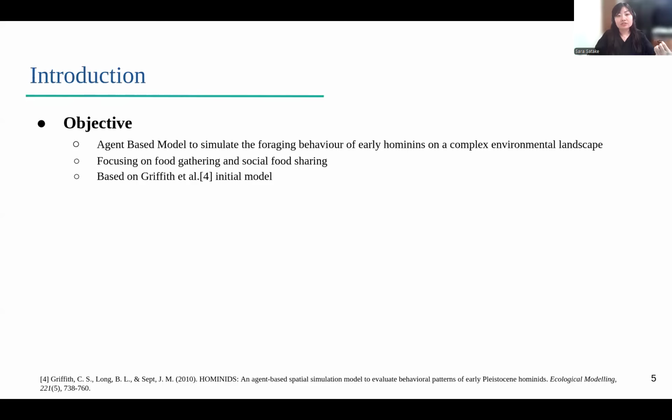And the model focuses on food gathering and scavenging and includes social food sharing. And we build on Griffith's initial model, which I will be explaining later, which simulated a tool used but did not include social interactions between individuals.